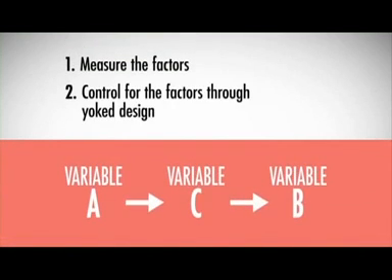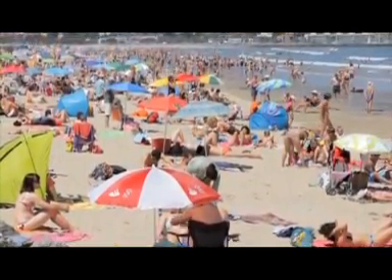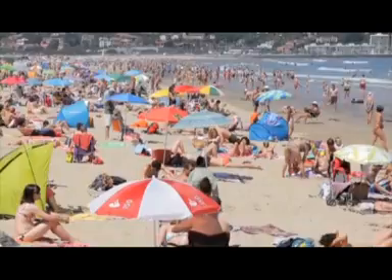A better option in this situation is to control for potential factors that vary along with the manipulation. Yoke designs are a very creative way of experimentally controlling for certain factors that might impact your results if they differ across two conditions. Let's say, for argument's sake, that vitamin D impacts weight loss.